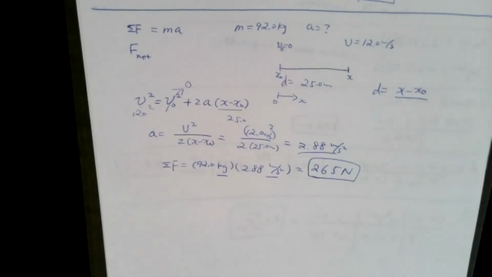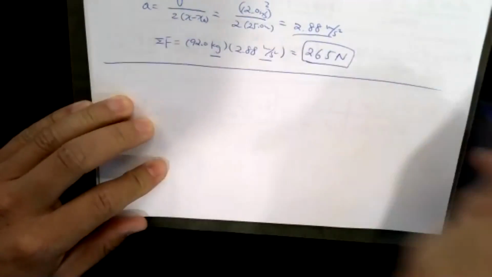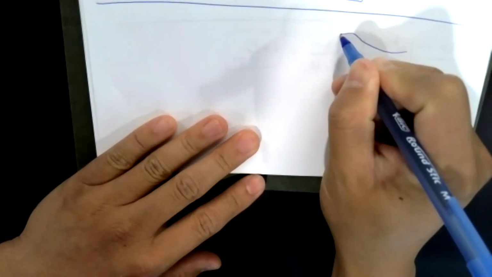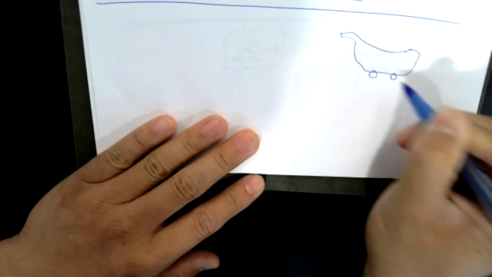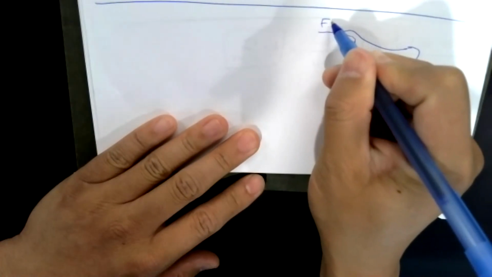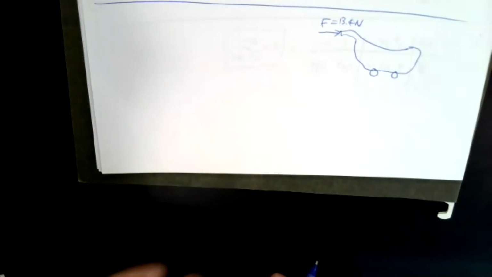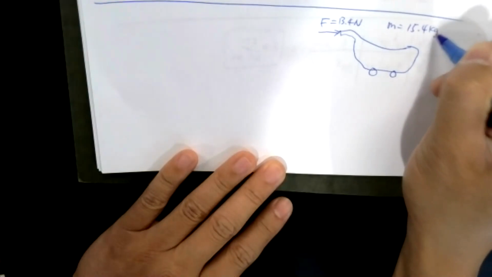Okay, so on this one, let's look at the solution together, but let's start with a sketch. So you're pushing a shopping cart with a force of 13.4 newtons. All right, the mass of this cart is 15.4 kilograms.